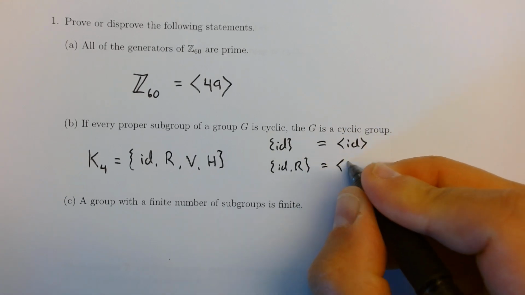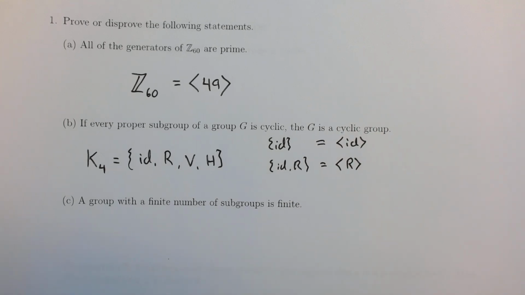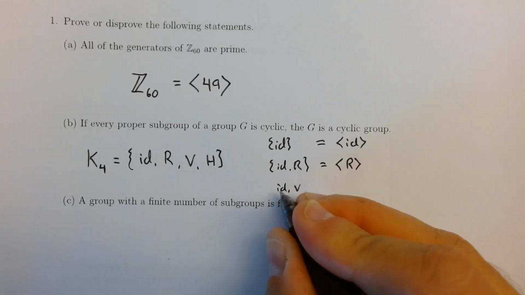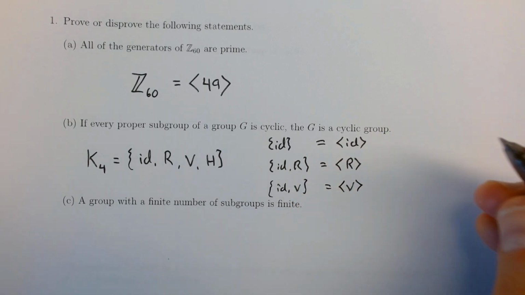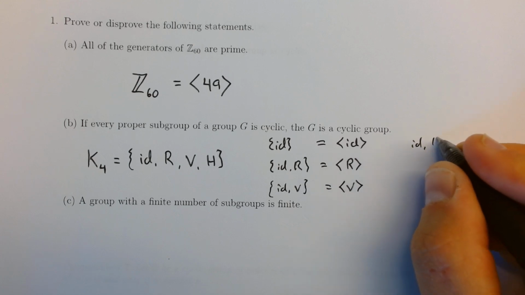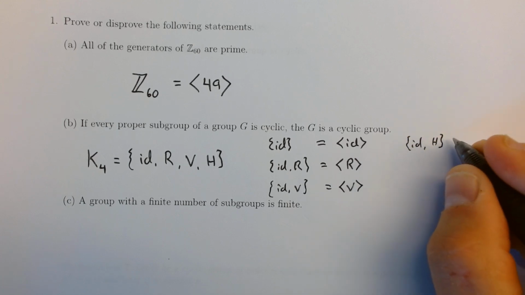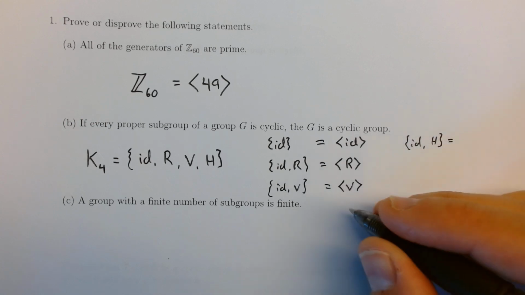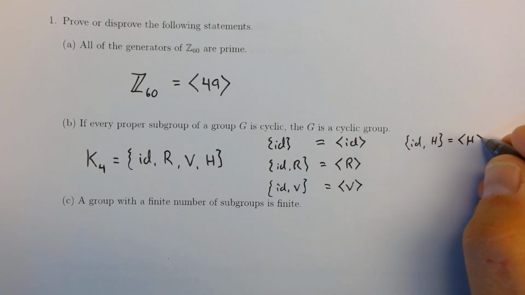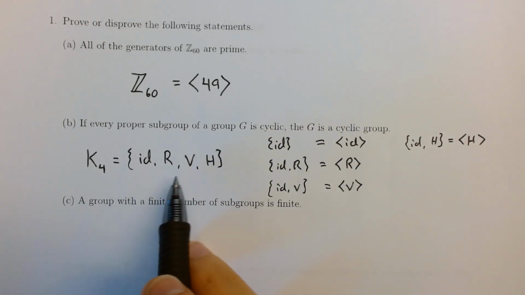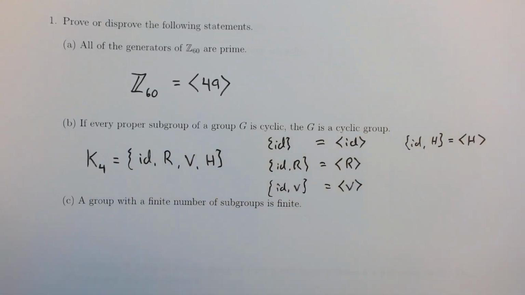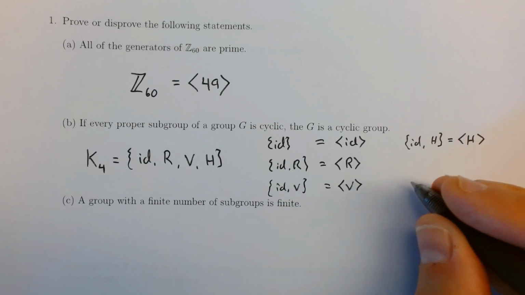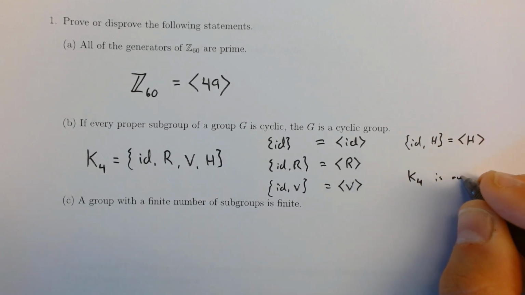This is the group generated by R. You have the identity with V, which is the group generated by V, and also the identity with H, which is the group generated by H. But the whole group is not cyclic. All these elements are of order 2, and so you would need an element of order 4 in order to generate the entire group. So K4 is not cyclic.